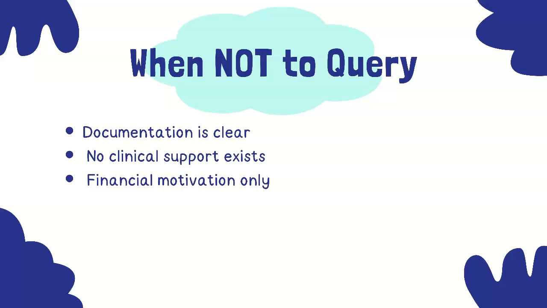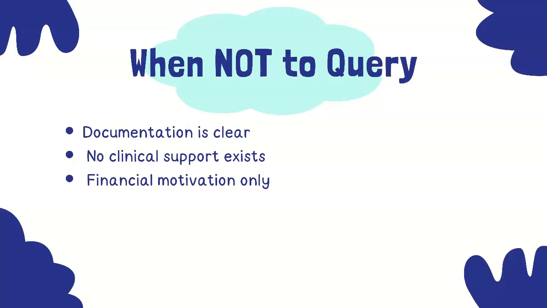I think you all know by now that when we plug those diagnoses into the encoder and then we allow the grouper to group them together, we do know that some diagnoses will change our DRG from one tier to the next.